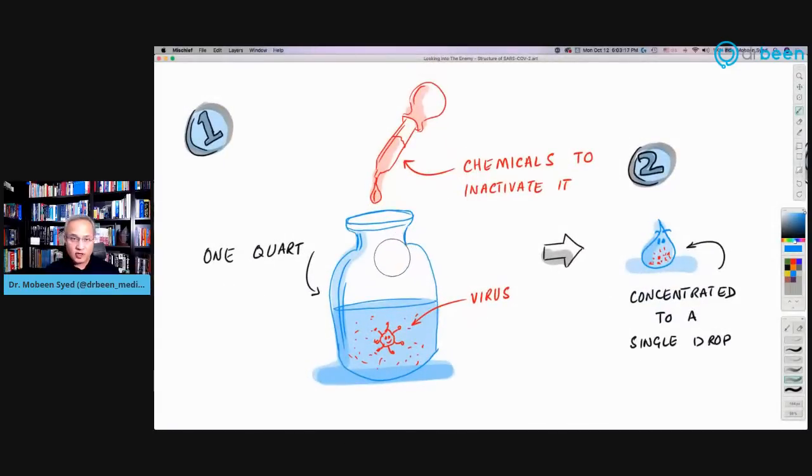So what they did was, Dr. Lee and his other research fellows, they first of all captured the virus, and then they added chemical substances that would make the virus inactive so that it's not harmful anymore. Then they freeze the virus. So they take this 1 quart of the fluids with the virus in them, and then they concentrate it down to 1 drop.